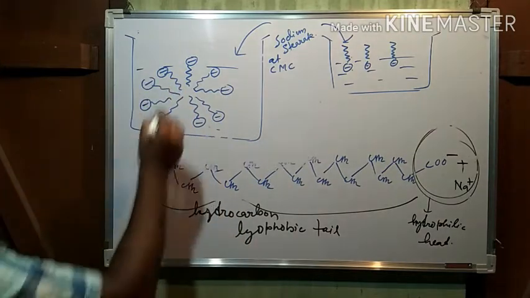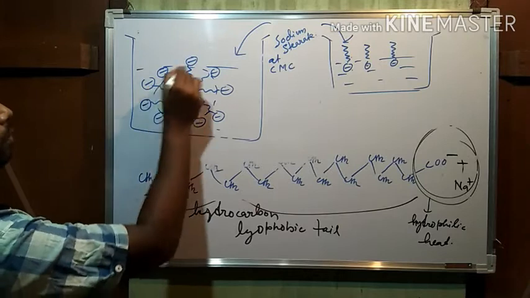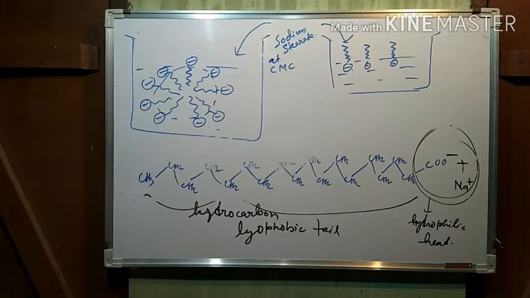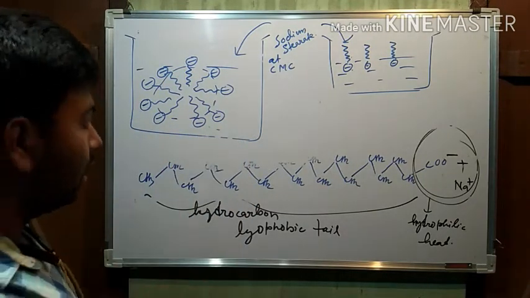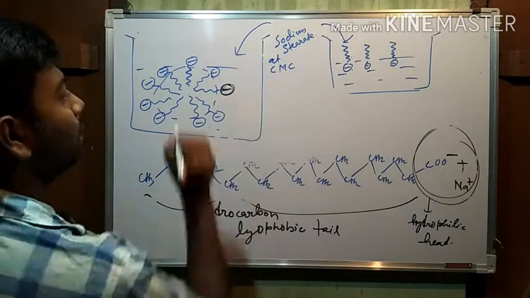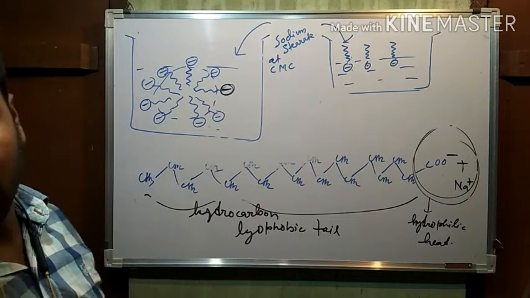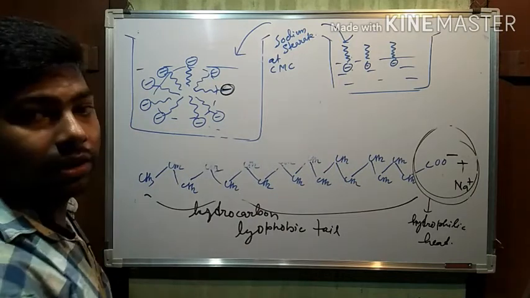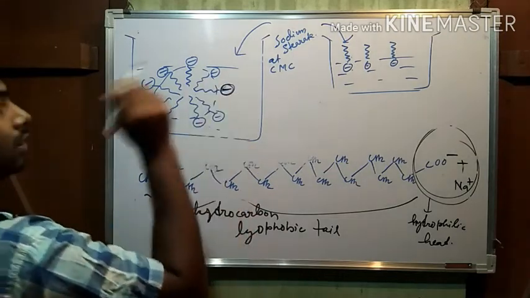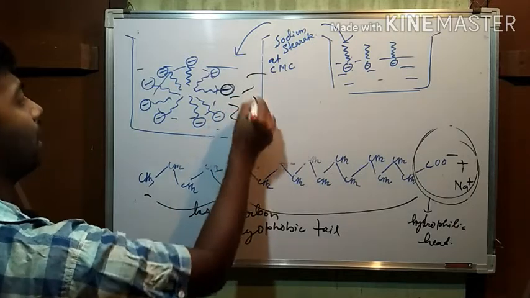This way, and produce a globular type structure. Now see, this minus R signifies the water loving part, that means hydrophilic. This hydrophilic is directly attaching with the water.